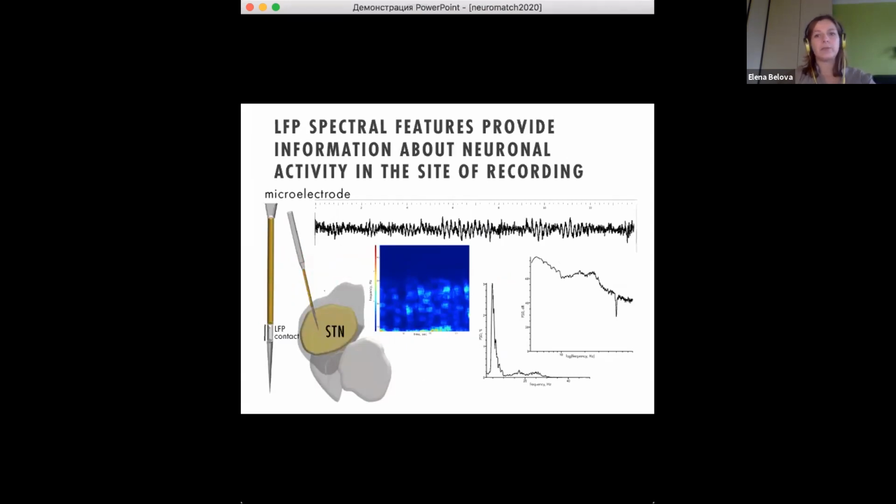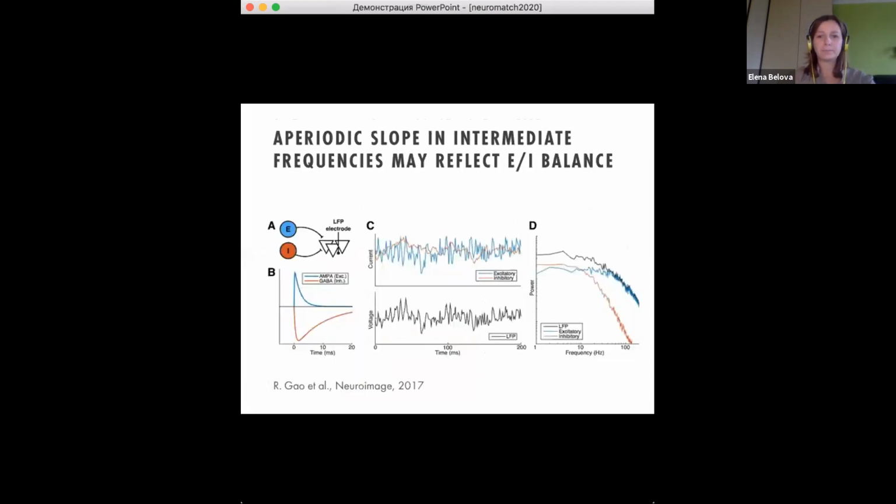However, aside from periodic oscillatory components, there is also aperiodic activity that is often referred to as noise. It is easily seen when we plot the power spectral density in a log-log scale. But these aperiodic features of LFP signals are generally ignored because it's difficult to interpret them.